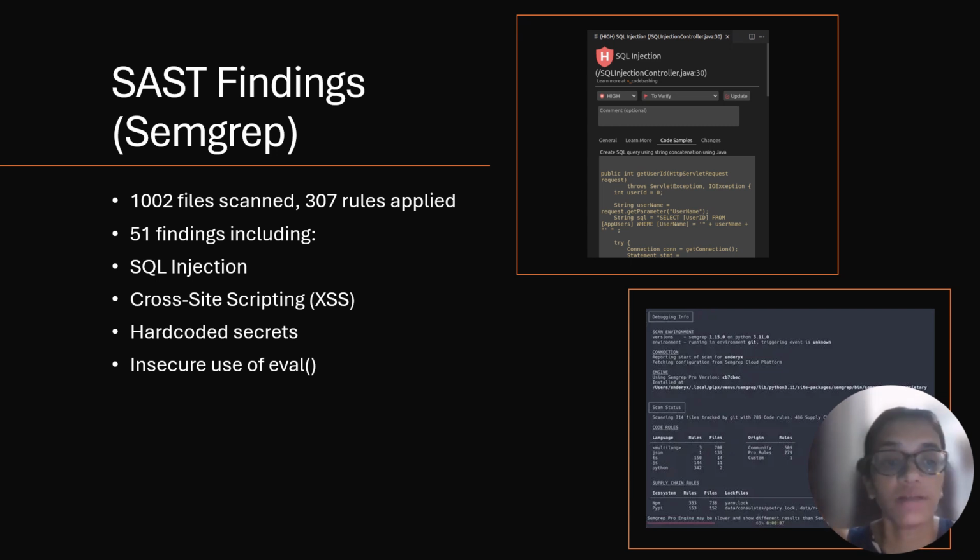For example, in the login route, user input was directly concatenated into a SQL query, which could allow attackers to bypass the authentication. These findings highlight how static analysis can catch code flaws before deployment.